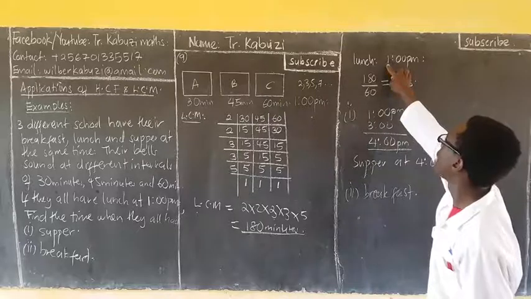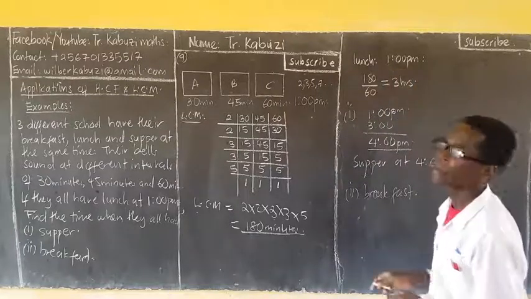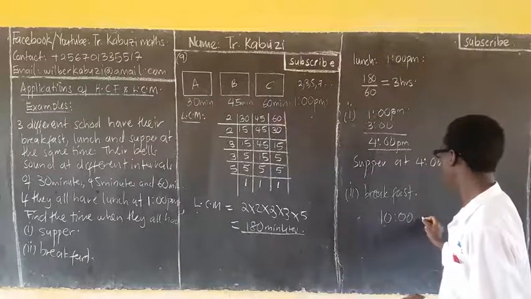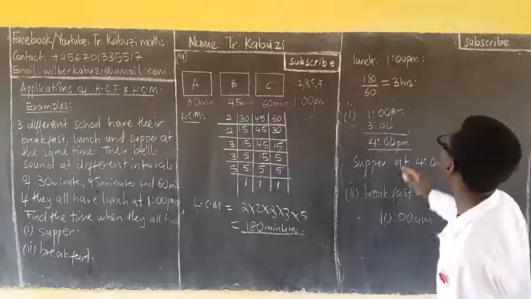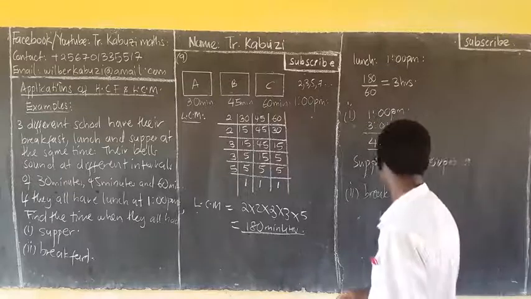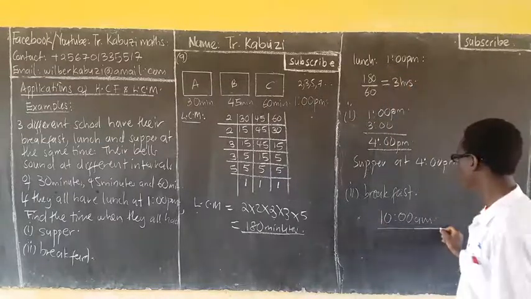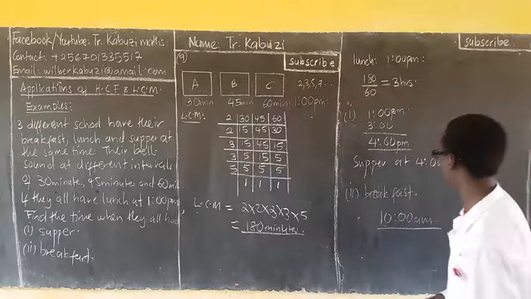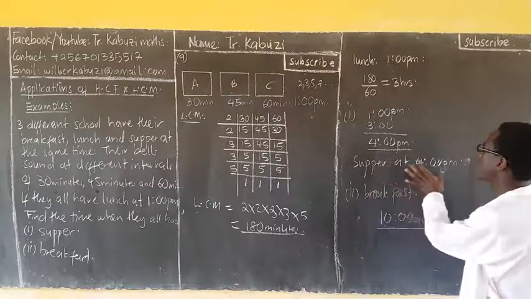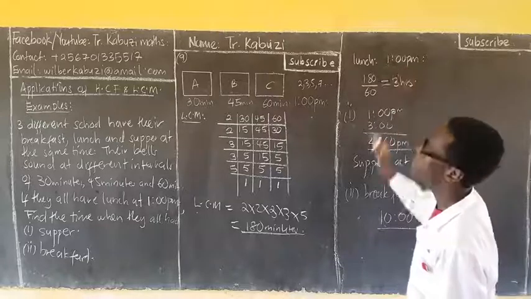If you go back 3 hours from 1 p.m., you get to 10 a.m. So, they had their breakfast at 10 a.m., then they had their supper at 4 p.m., and then they had their lunch at 1 p.m.